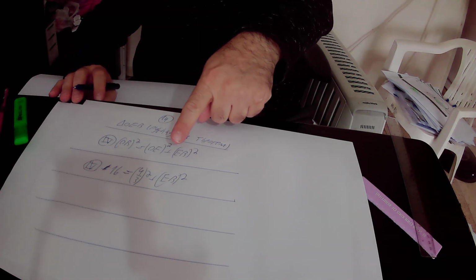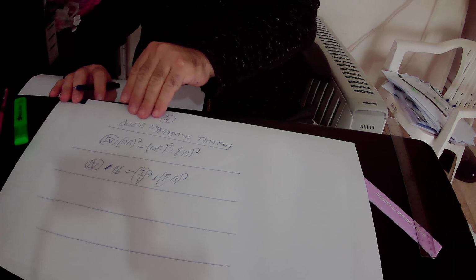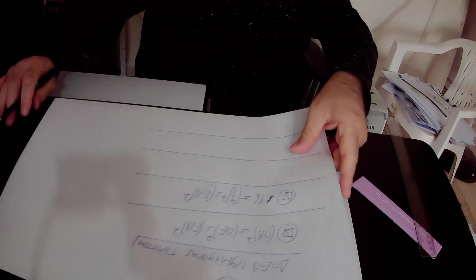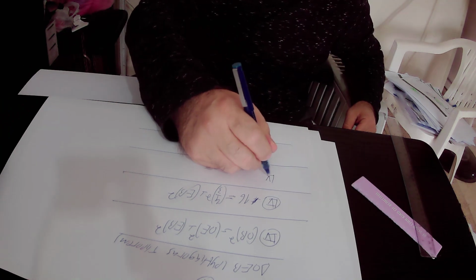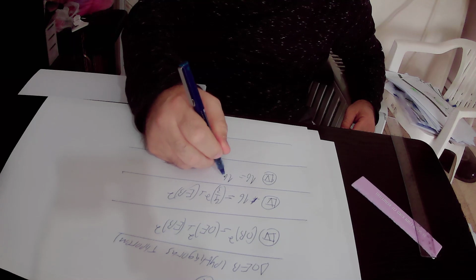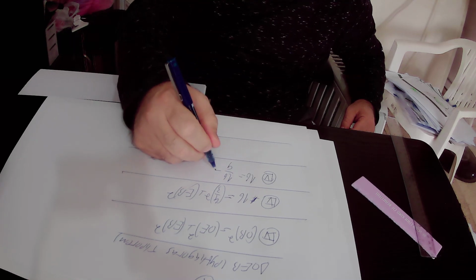Here (4 over 3) squared is 16 over 9, so I'll write it down. We will get that 16 equals 16 over 9 plus EB squared.